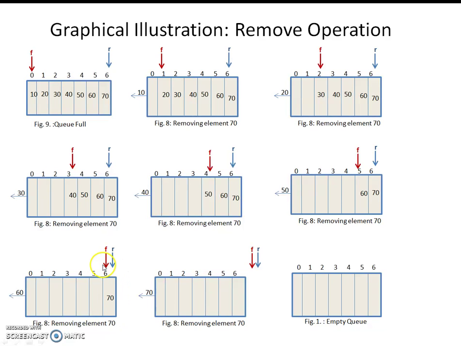Now the value of both F and R are 6. I try to remove 70 now. F is equal to F plus 1. So R is 6, F becomes 7. So this is a point in which F will override R. Now the queue is empty, there are no pointers. Why did I explain this to you? Because we have to see what is the condition in this.